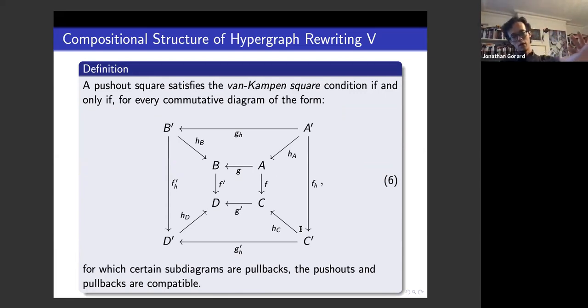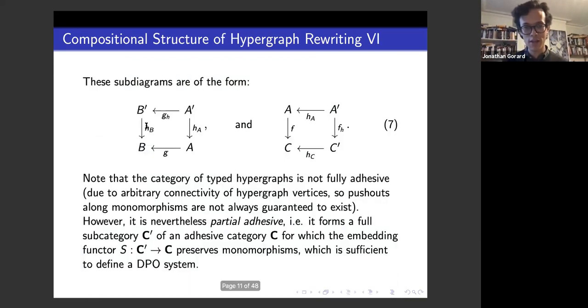And then we can say that such a push-out along a monomorphism satisfies this Van Kampen square condition if, when we look at this commutative cube here, and in particular these two faces of that commutative cube, these faces correspond to pullbacks, and the push-outs and the pullbacks obey some obvious compatibility conditions. We don't really have time for me to go into a huge amount of detail about precisely what the Van Kampen square condition means and why it's required.